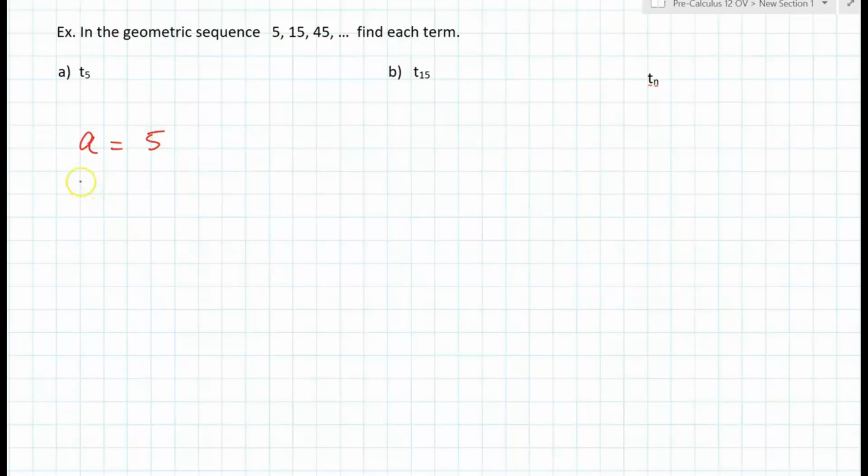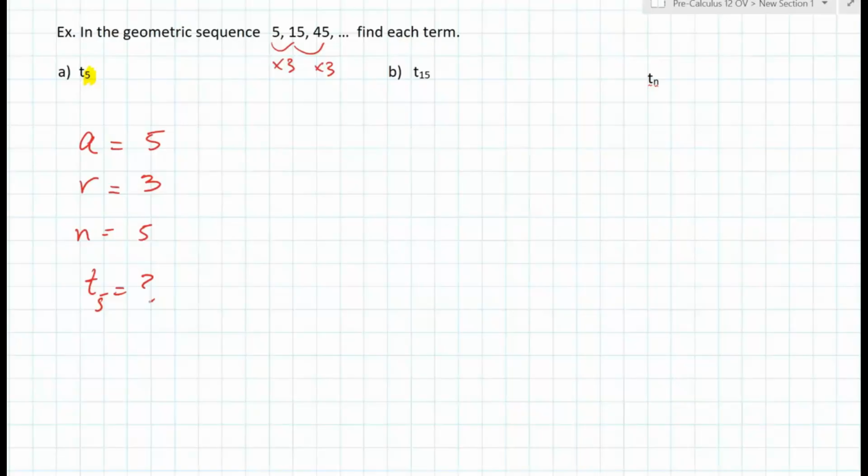We know that the common ratio is 3, because you're multiplying everything by 3. So that is simple, you can see that. And then for any specific term, you look at the term number. So in this case, n is 5. We want to know what t5 is. Excellent. You can do a freestyle. You can keep multiplying 45 times 3, that will get you the next number.